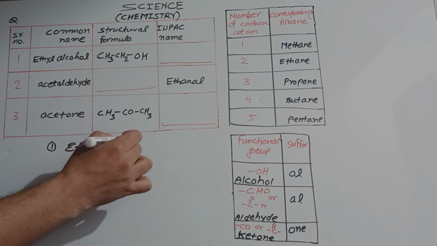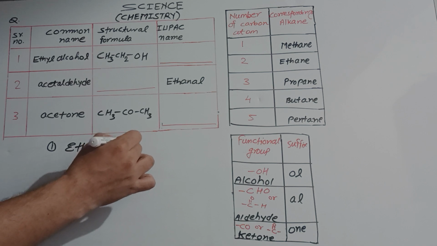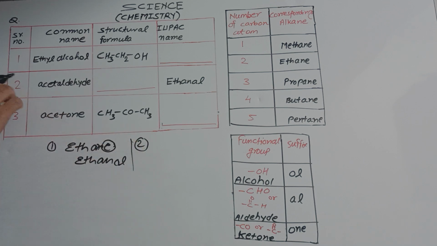Now let us see the next one, that is the second one. Now here the common name is given, acetaldehyde, then we have the IUPAC name here, ethanal. Ethanal is given, so we'll write the structural formula.